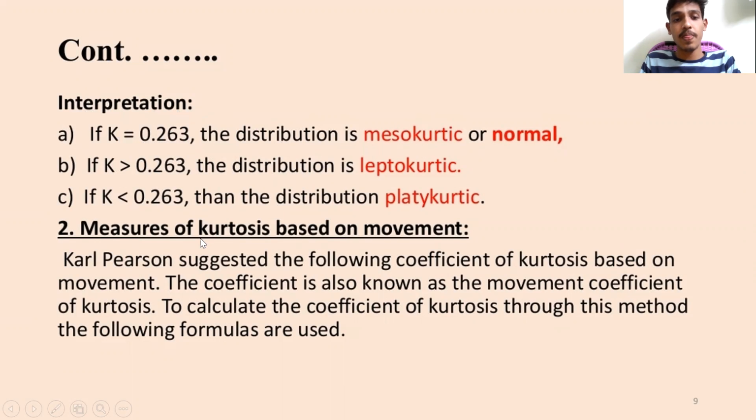So coming to the measure of kurtosis based on moments, Karl Pearson suggested the following coefficient of kurtosis based on the moments. The coefficient is also known as the moment coefficient of kurtosis.